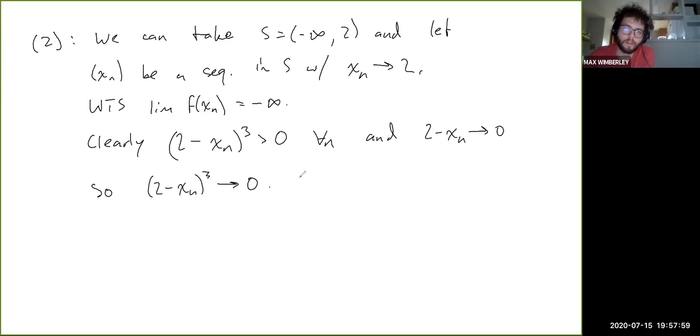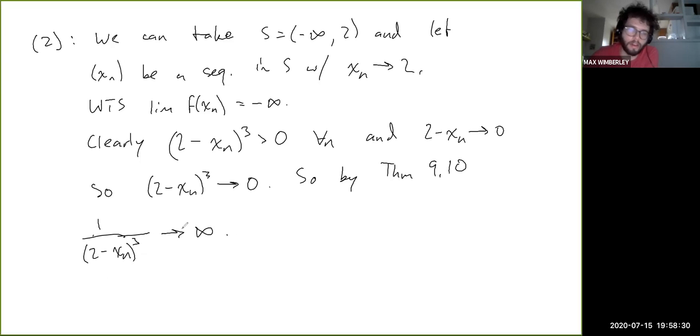By the same section 9 theorem, I think theorem 9.10, which says that if you have a positive sequence approaching 0, then 1 over that sequence approaches infinity, we get that 1 over 2 minus xn cubed approaches infinity.